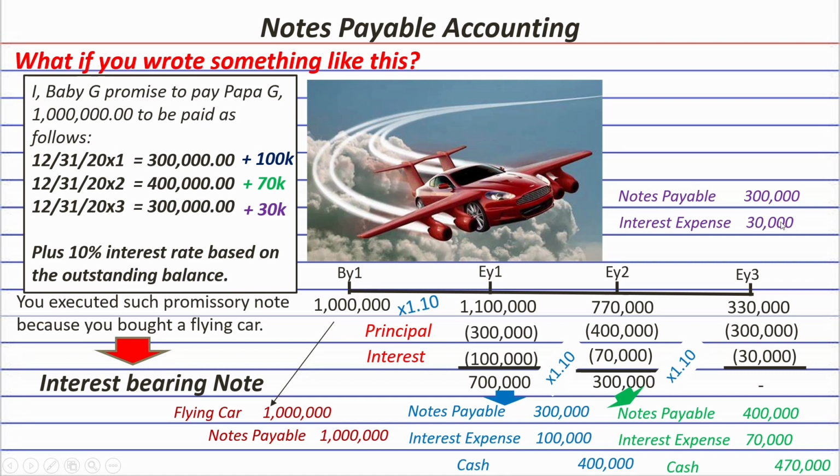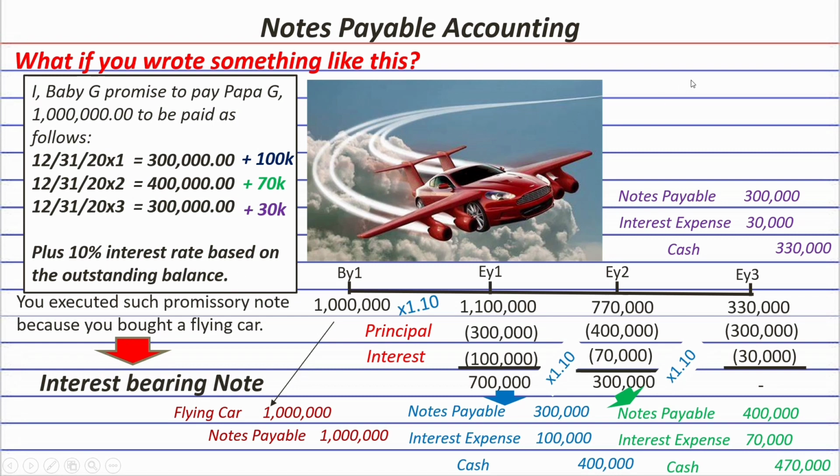But this time, we only have 30,000. And another debit for notes payable, which is 300,000. Because from here, from 300,000, it became zero already here. Okay? And then also credit cash 330,000. And that's it. That's how easy the recording and the measuring process of the notes payable, which is interest-bearing, is.